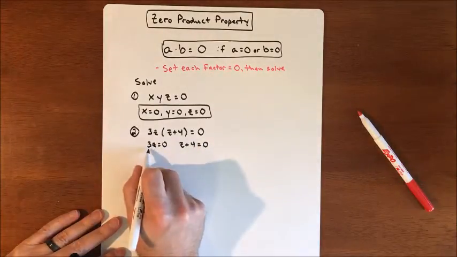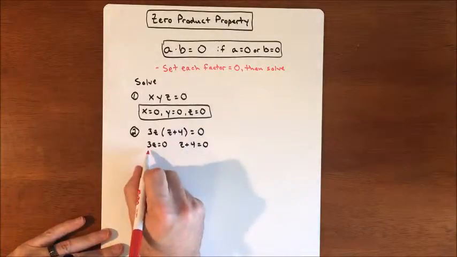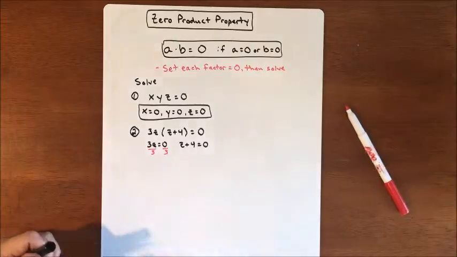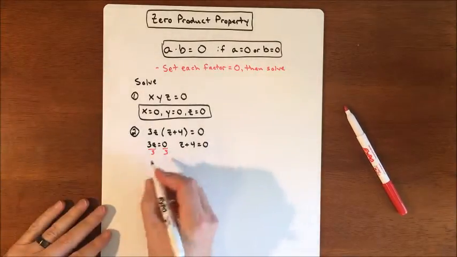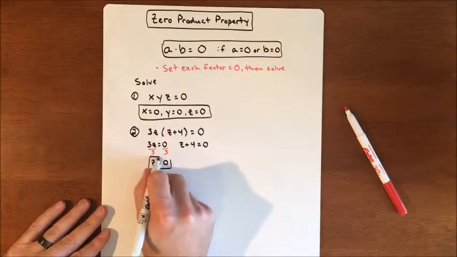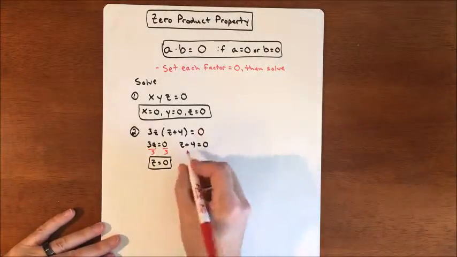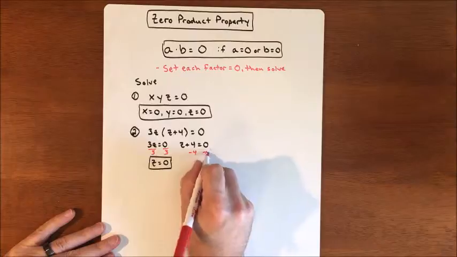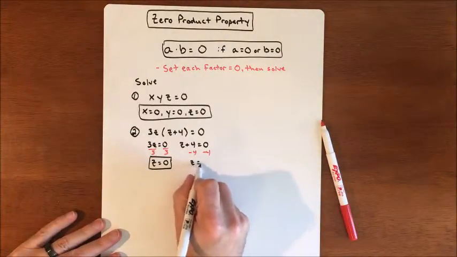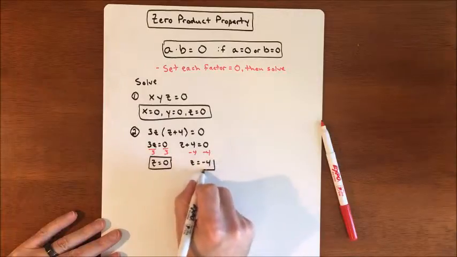We'll solve this one by dividing by 3, and we'll get z equal to 0. And here, we're going to subtract 4 on both sides, and we'll get z equal to negative 4.